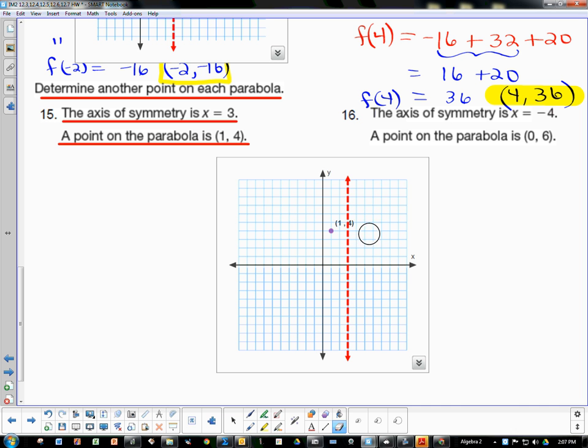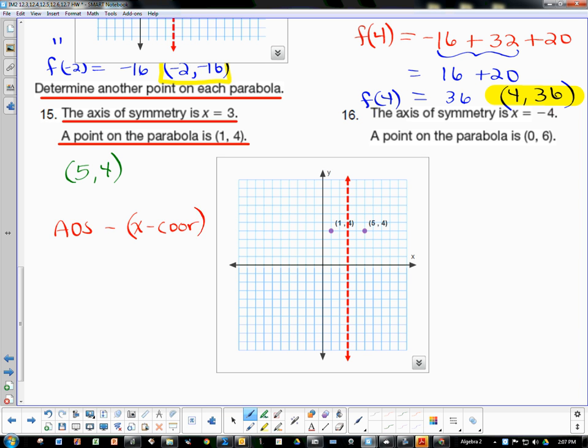Now, what is that point going to be? 5, comma 4. So we have another point. Another point is 5, comma 4. Now how would you do this? Well, algebraically, you can take that axis of symmetry and subtract an x coordinate.